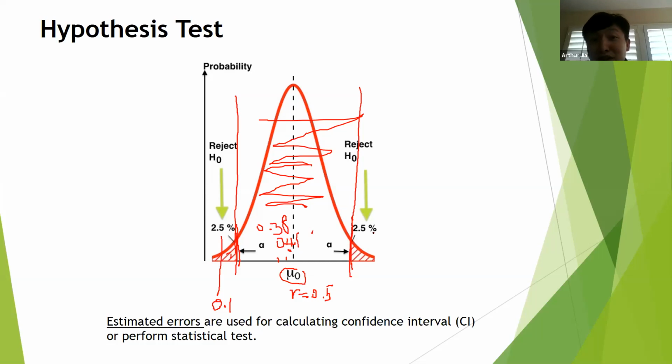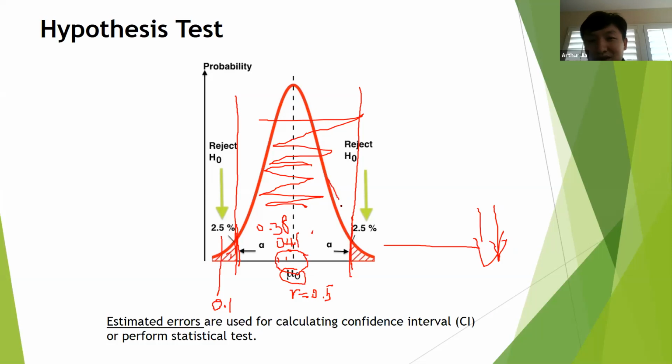However, if your data goes way beyond here, this is strong evidence against your null hypothesis. Why? Because if the null distribution is true, the chance for you to get a value out here is extremely low. Do you agree?